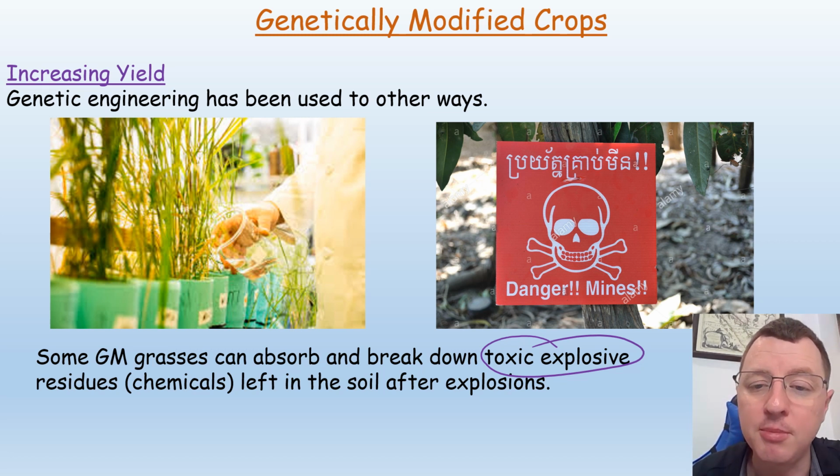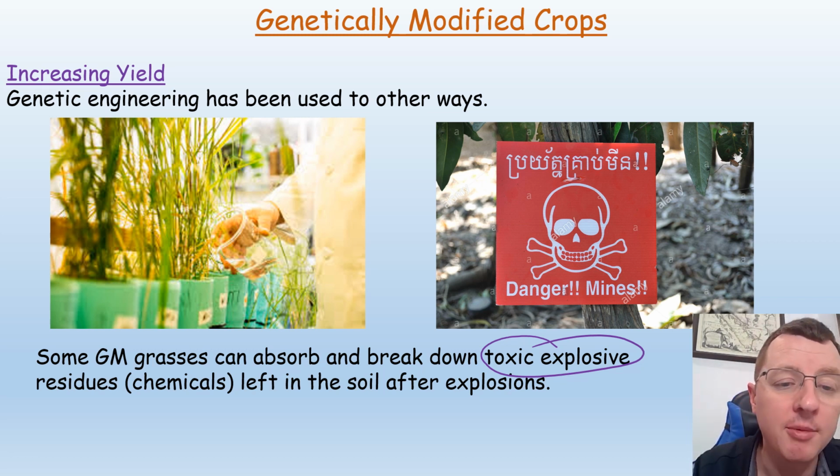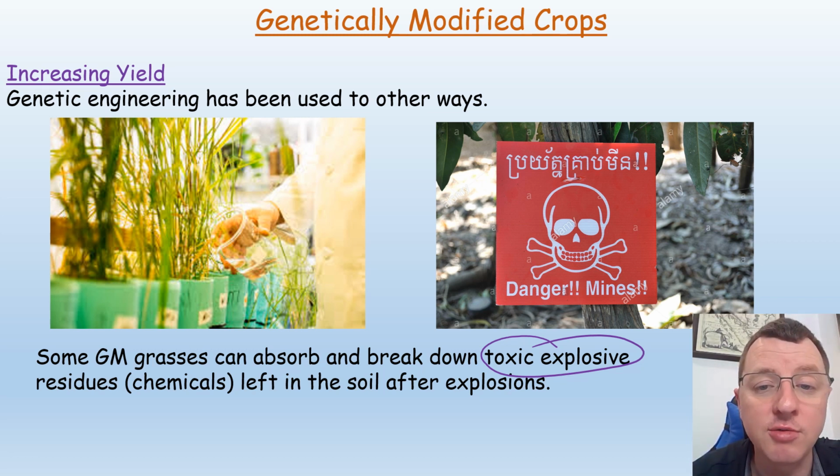We have here an example of a danger mine sign from Cambodia in Southeast Asia, which still, even after their bloody civil war and the fall of the Khmer Rouge many years ago, has thousands of landmines littering the countryside, and the residue from these mines is preventing the growth of crops. So perhaps by planting these genetically modified grasses in these areas over a number of years, they'll be able to break down those residues and allow that land to be used to produce crops in the future.